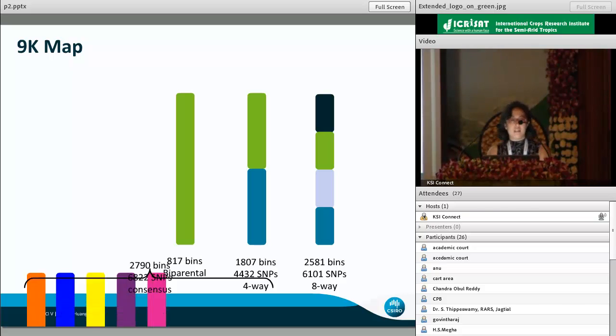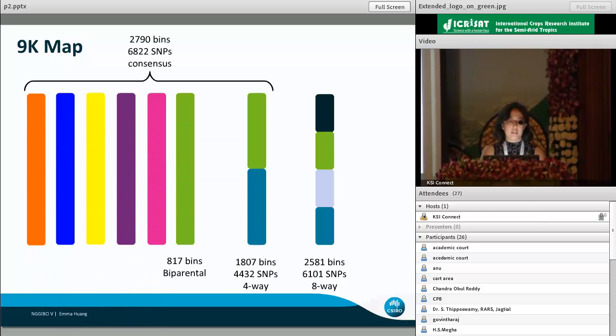Then a consensus map was created from 6 different biparental populations and the 4-way population, and that had about 2,800 bins and about 6,800 SNPs in it. So those 7 populations together gave about the same number of SNPs mapped and the same level of resolution as the map created just from the 8-way population.